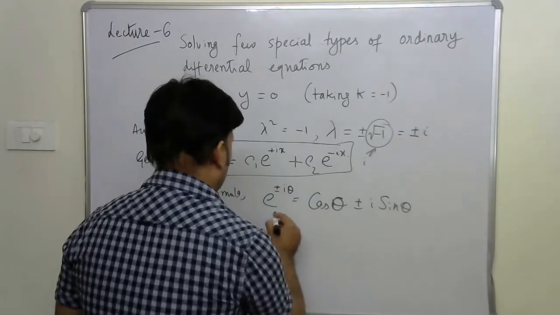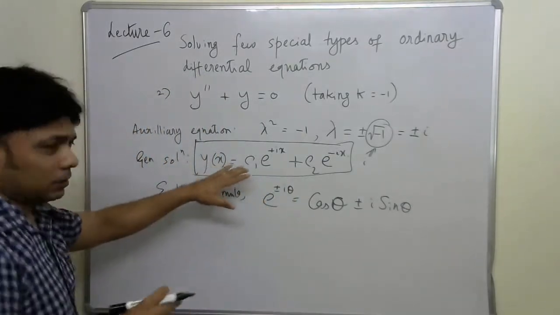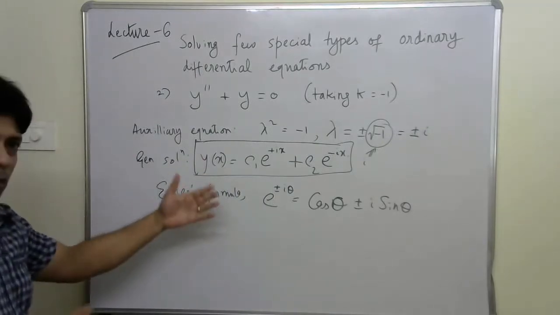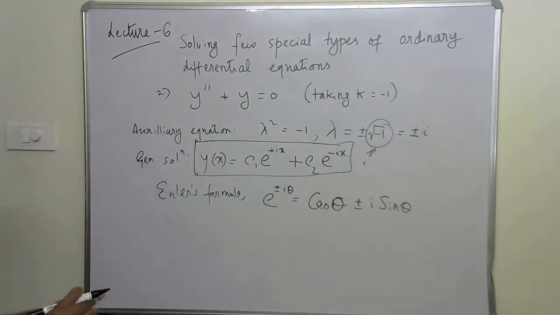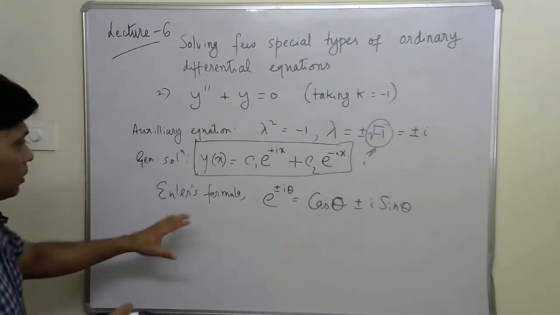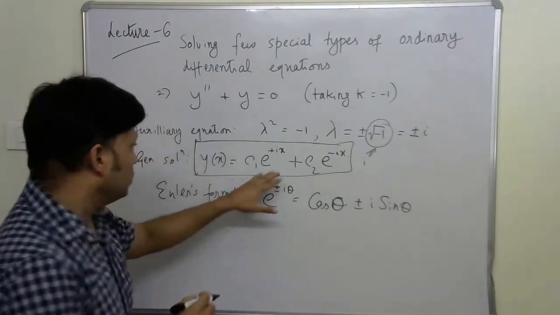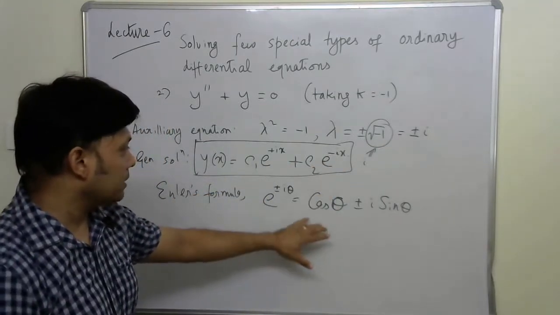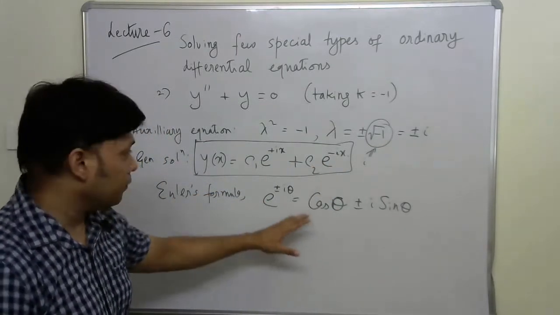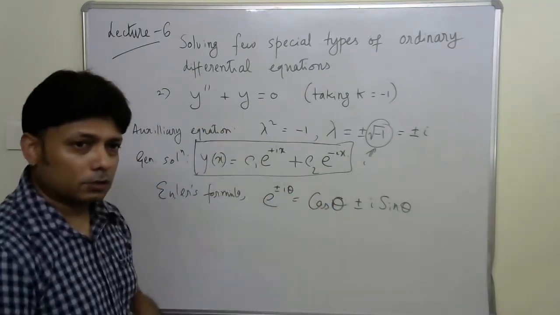Okay, so this complex equation can be transformed into some trigonometric expression. So therefore we need to replace e to the power ix and e to the power minus ix in terms of cosine and sine function. So let's do it here.